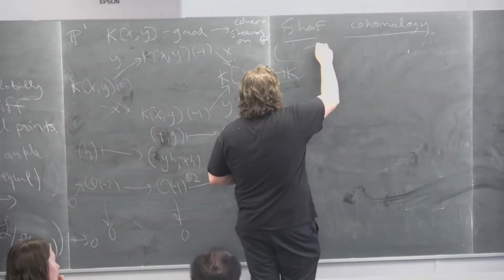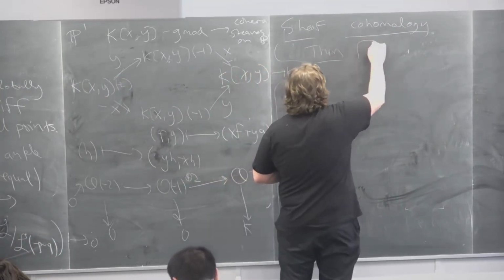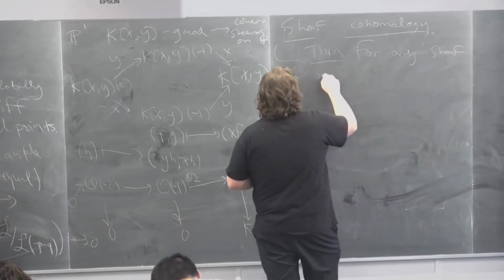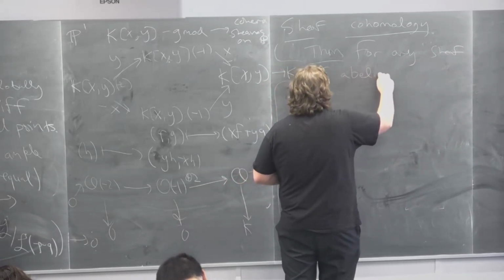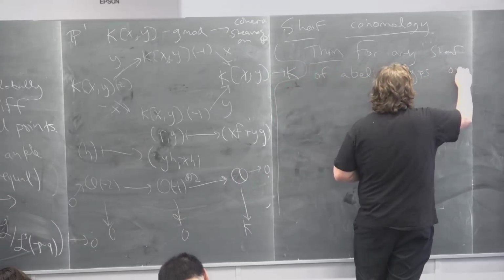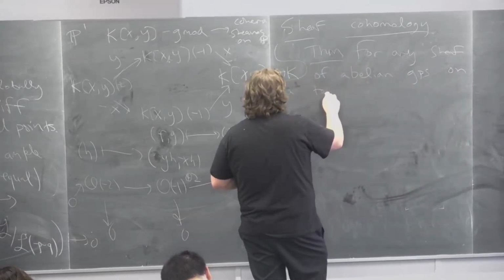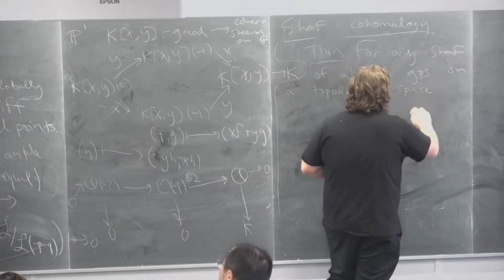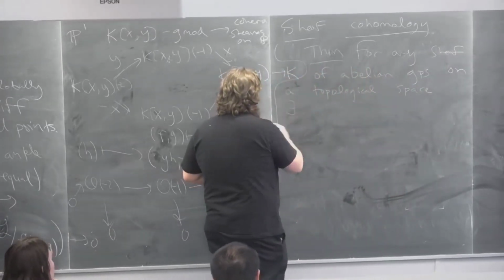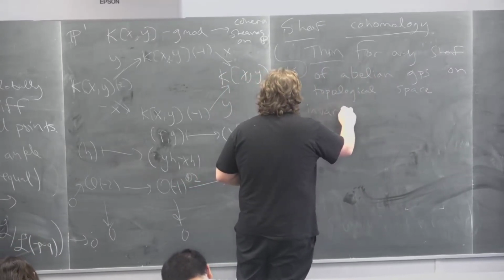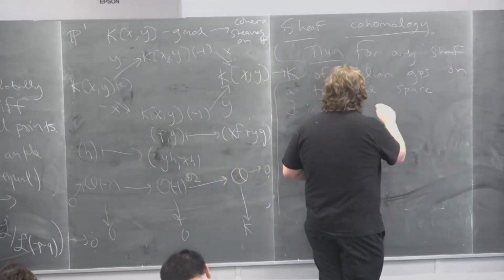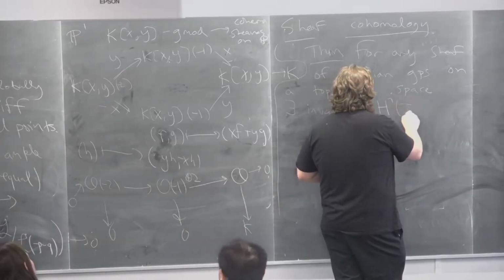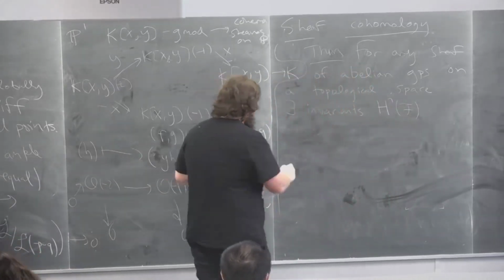So let me state this as a theorem: for any sheaf of abelian groups on a topological space, there exist invariants H^i of F, which are called the sheaf cohomology.